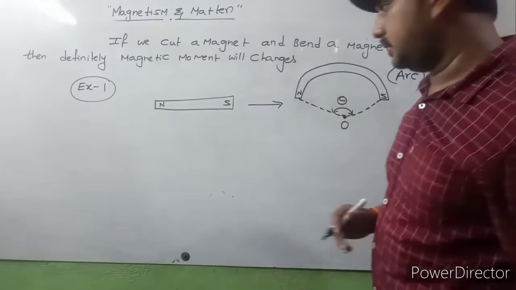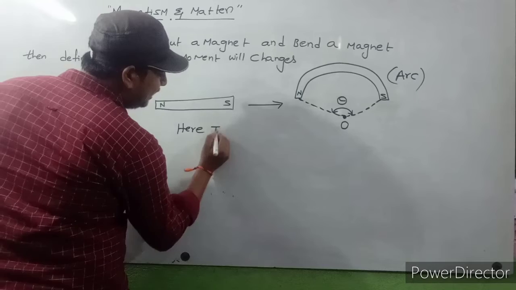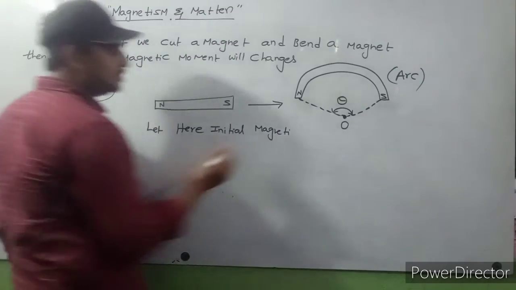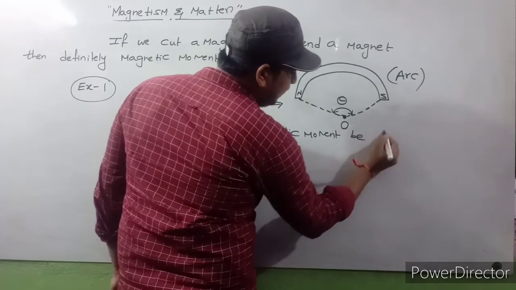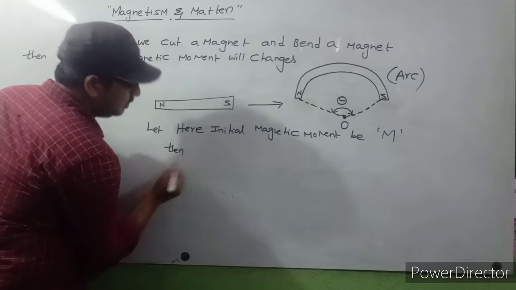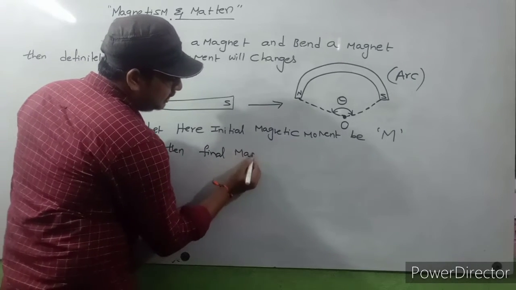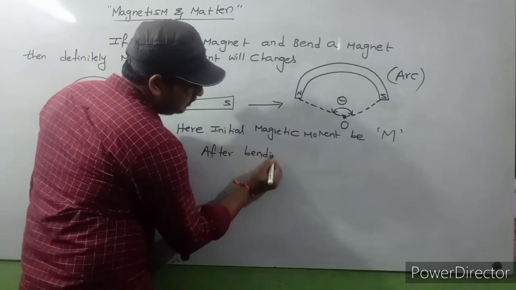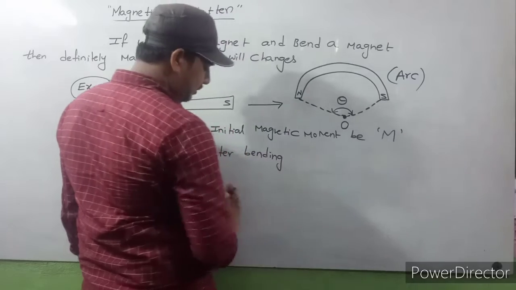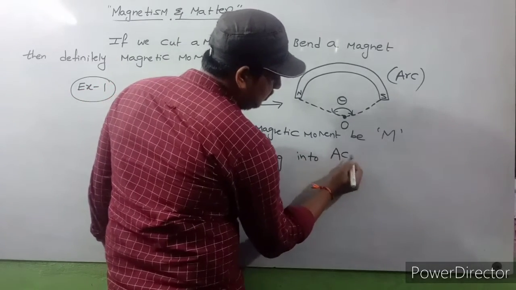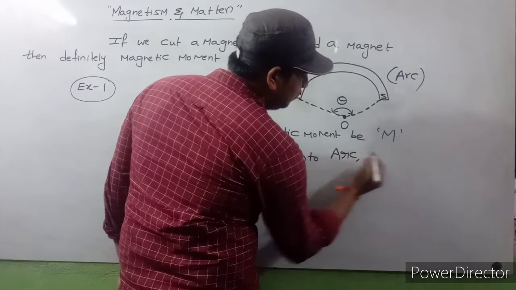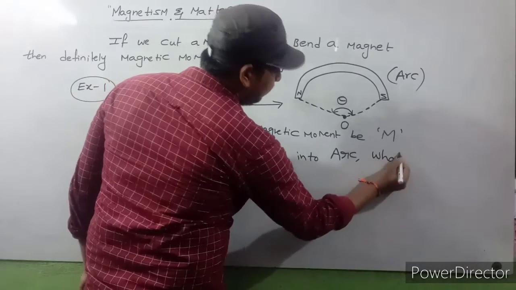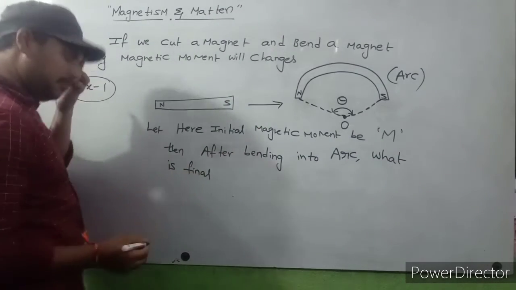Then what is the final magnetic moment? Here, let the initial magnetic moment be capital M. Then the final magnetic moment, that means after bending into an arc, what is the final magnetic moment?